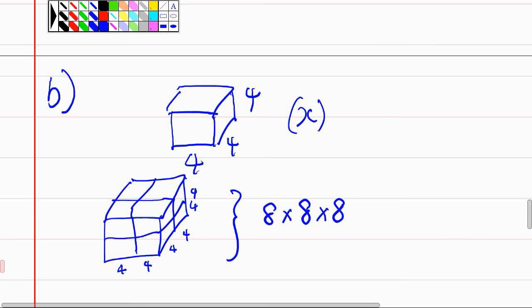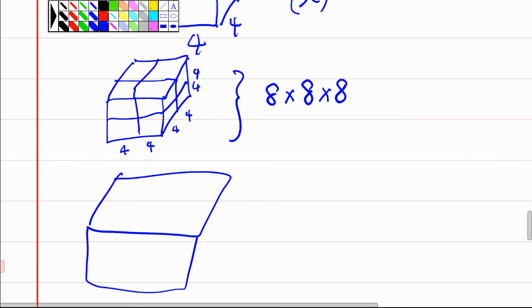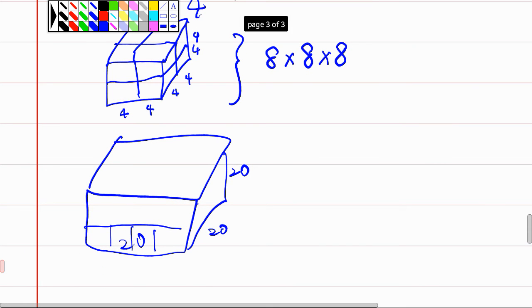Now what is the question? They tell you how many are there, x number. But they tell you the final cube is 20 by 20 by 20. My question is, how many cubes are there in the front row? Very good. There are 5 cubes.